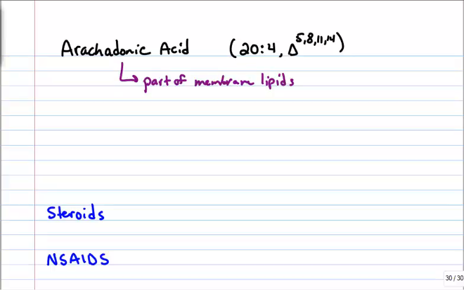Now, we also know that arachidonic acid can be released from the membrane, and if it's released, it can be used to make another important class of lipids. Actually, it can be used to make eicosanoids.